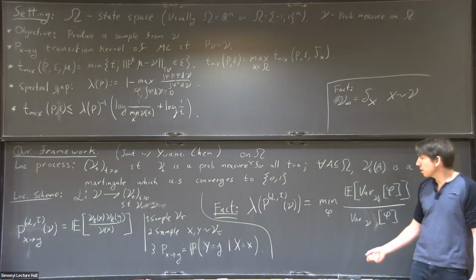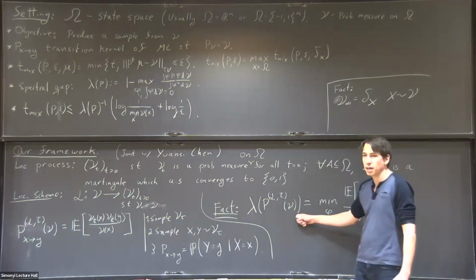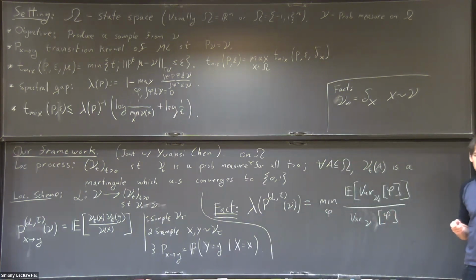So there's actually a way to think about the spectral gap in terms of the localization scheme. And how is that going to look?